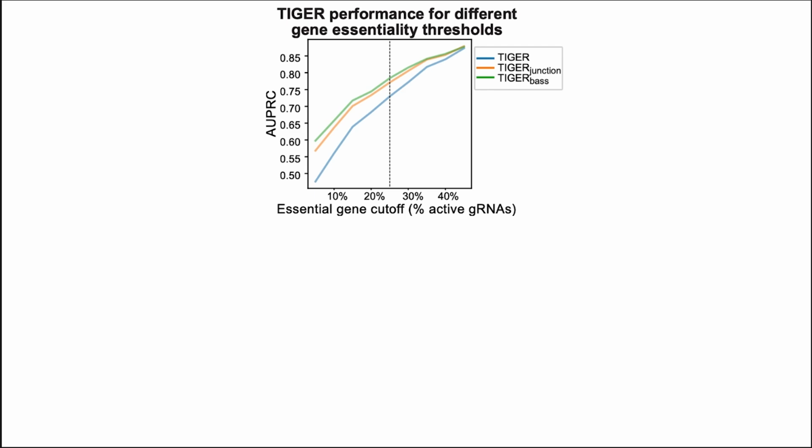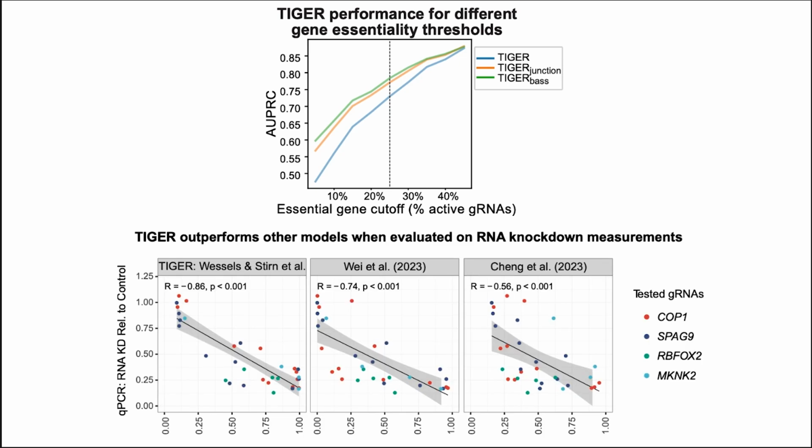Overall, we find the sequence determinants when you're targeting junctions versus exons are broadly the same. We thought there might be effects of things like the exon junction complex, for example, but we don't see any indication of that. We compared our Tiger model to some other models that try to predict Cas13 guide efficacy.